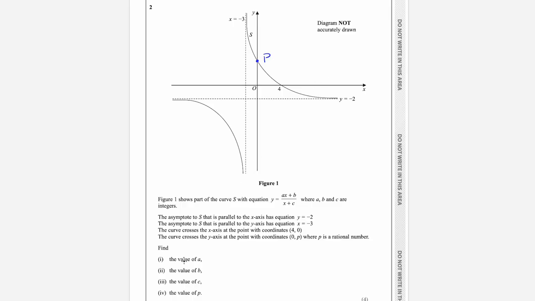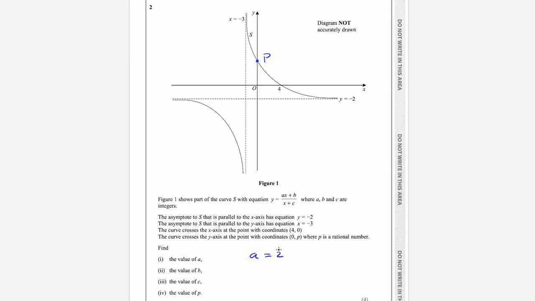First, find the value of a. Because our horizontal asymptote is -2, our a has to equal -2. That is because in these rational functions, the horizontal asymptote is the coefficient of x in the numerator over the coefficient of x in the denominator.